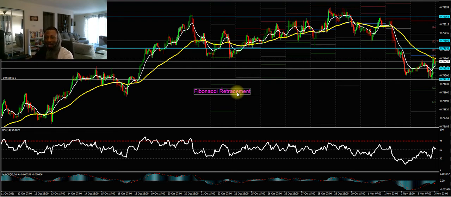That's how the market always plays out. It is never a straight line. Never. It is always zig, zag, zig, zag. You know what I'm saying? So that's for the downward trend.